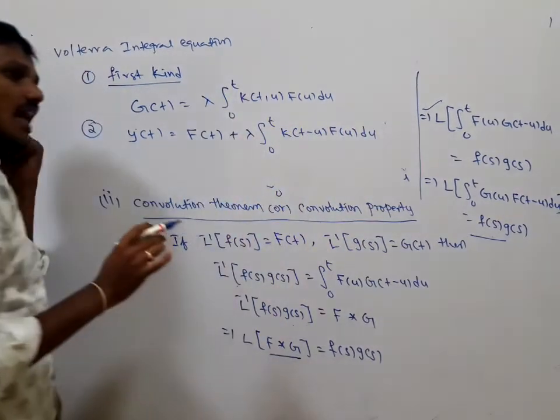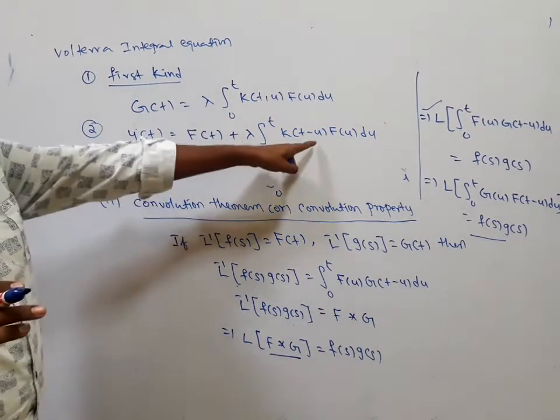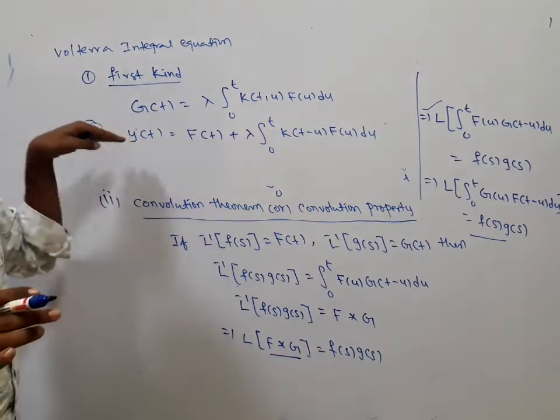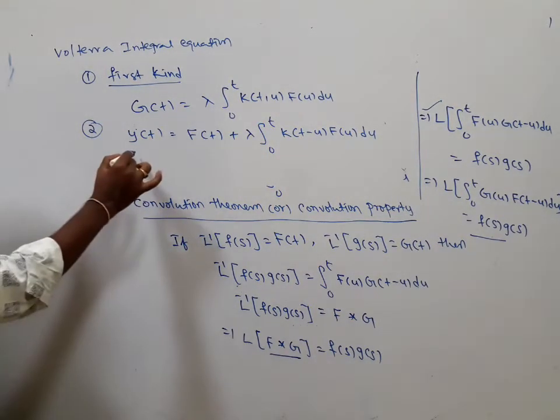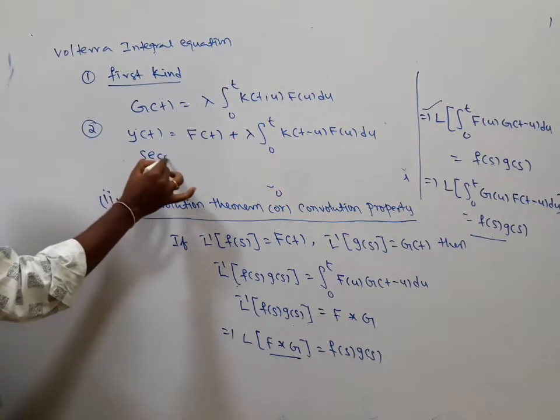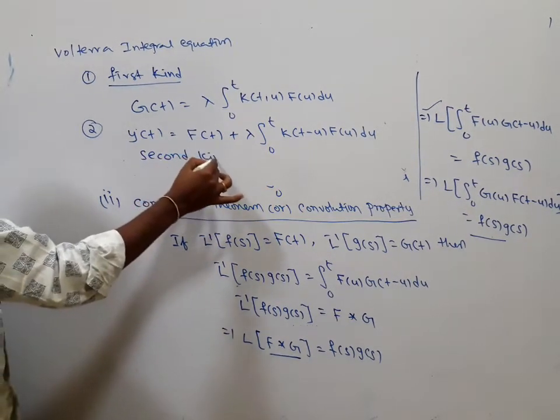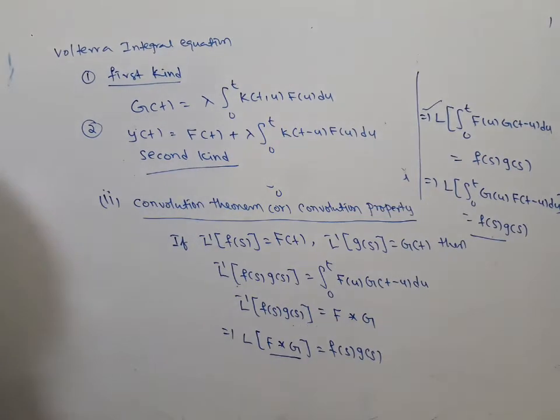That means the kernel is always a function of the difference t minus u. If we have the integral equation in this form, we say that it is a Volterra integral equation of the second kind. Whatever the equation given, our objective is to find the solution of that equation.